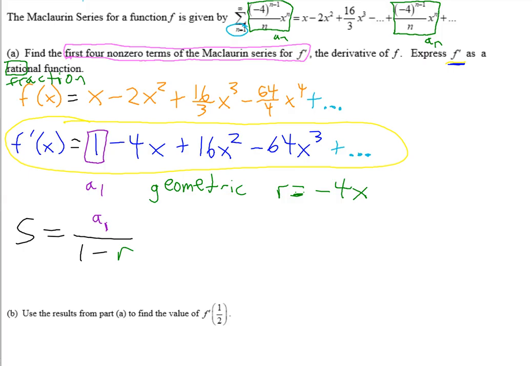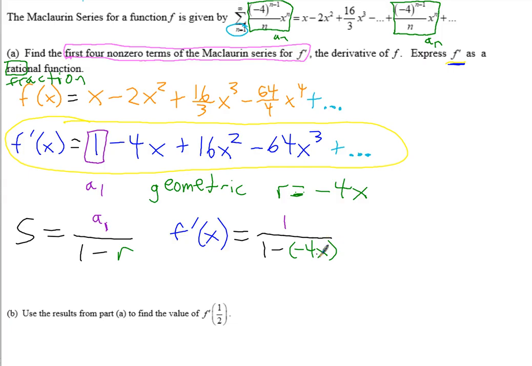So f prime of x, the sum of all the terms here, is the first term 1 over 1 minus negative 4x. And notice the negatives cancel out.